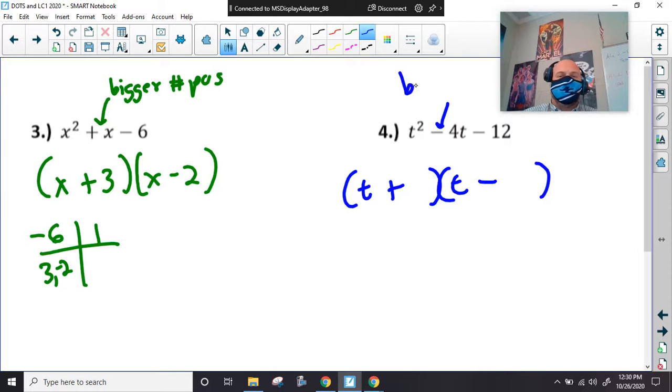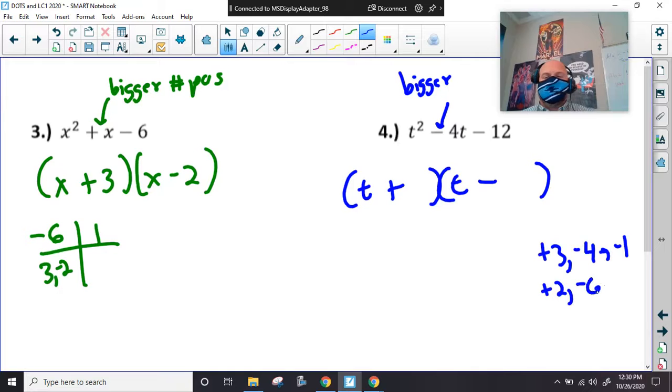The bigger number is negative. If we have positive 3 and negative 4, that gives us a negative 1. What's something else that will divide 12? So a positive 2 and a negative 6 gives us negative 4. Yep.